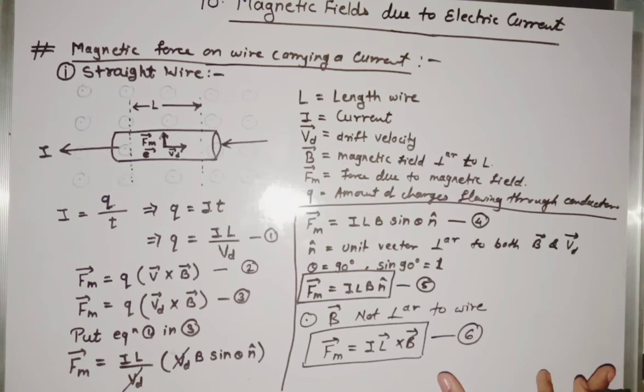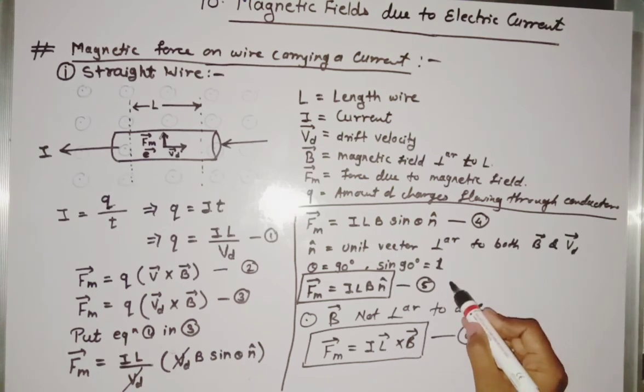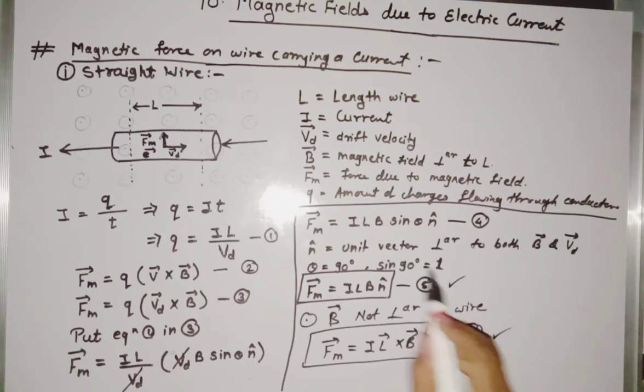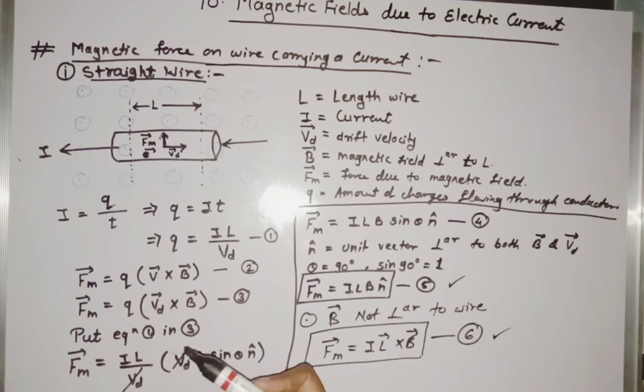What have we found here? We have found the force due to the magnetic field in the case of a straight wire which is carrying a current I. I hope you understand it better.